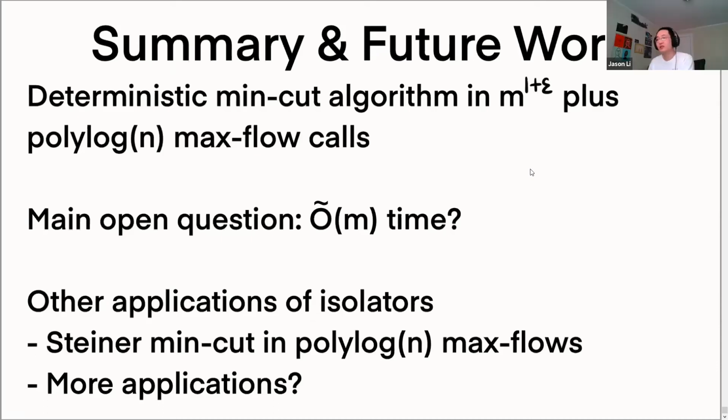So what is this again? This is just the most general cut problem I know, so it's called requirement cuts. I give you a bunch of different subsets of vertices in the graph, and then the problem requires that you separate them.